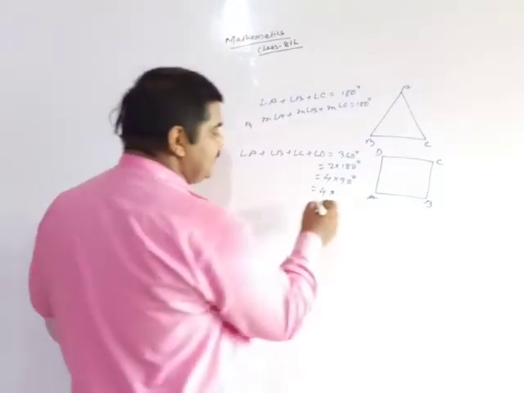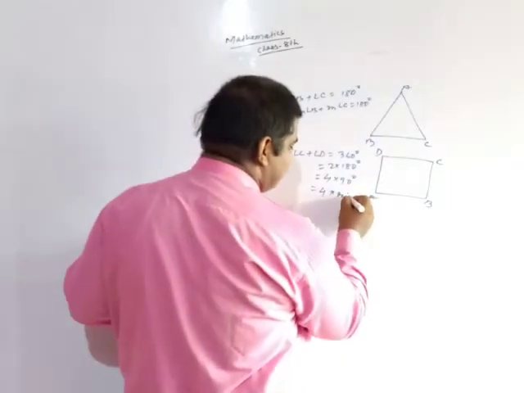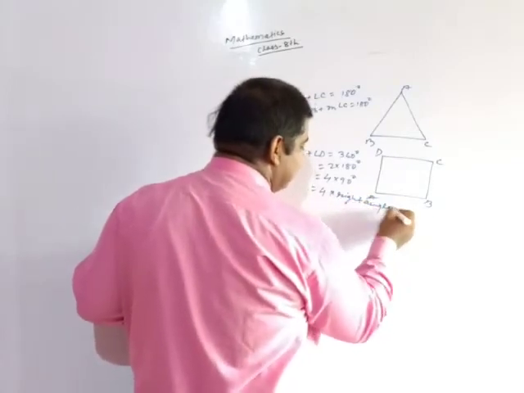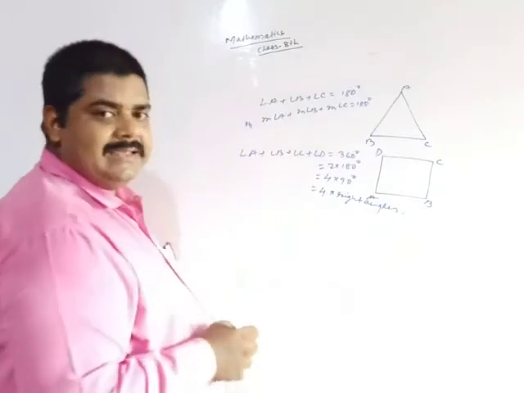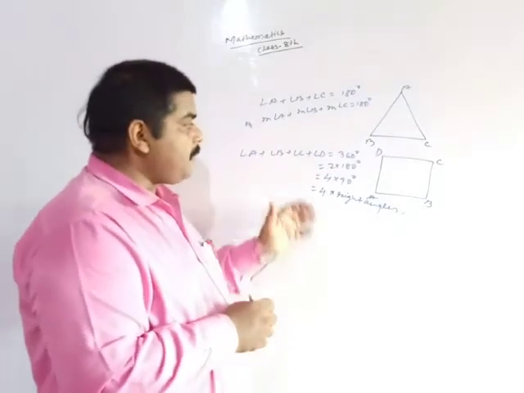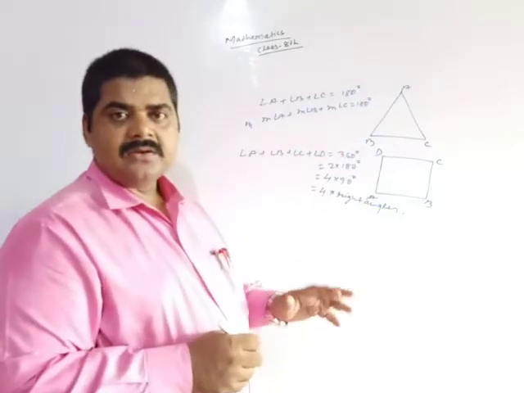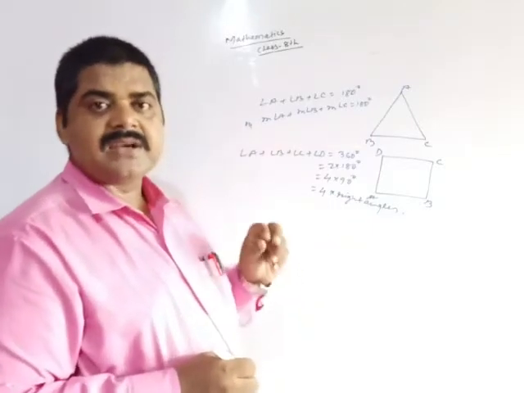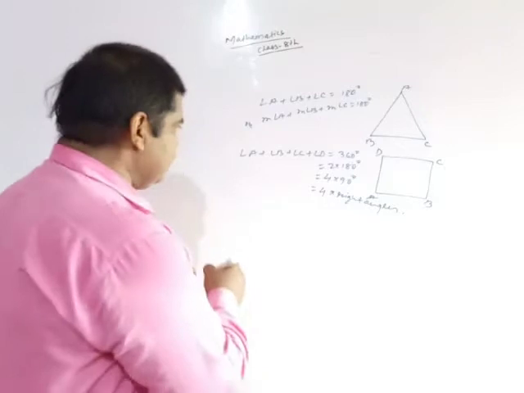This is why it is also known as 4 right angles. So sum of all angles of a quadrilateral is equal to 4 right angles, means 360 degree.